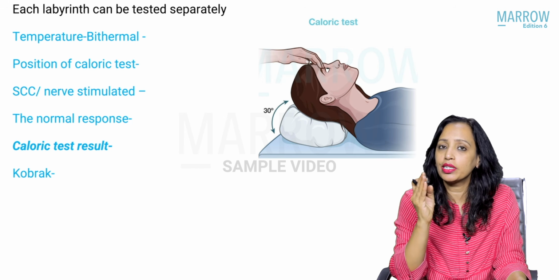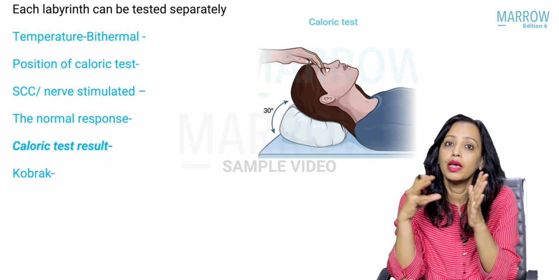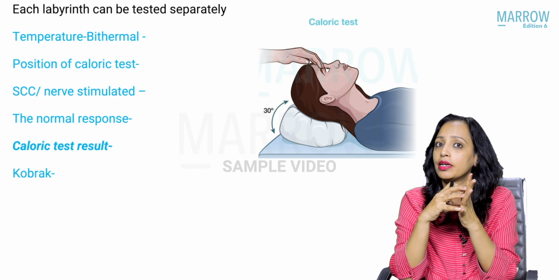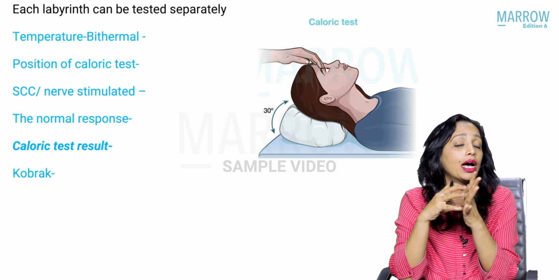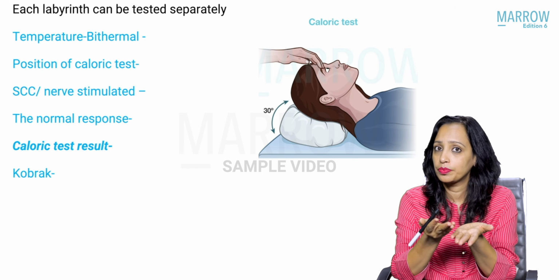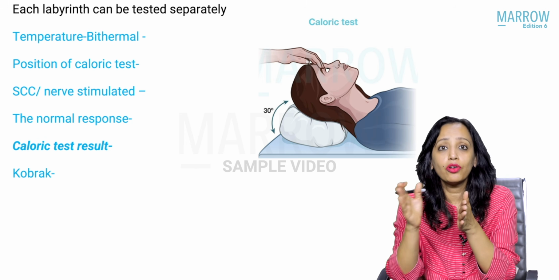So what is this test? In this test, we put different temperatures of water in the external auditory canal. We stimulate the inner ear, and we see whether the inner ear is responding appropriately or not. So if I do the caloric test on me or on you, then if the inner ear is normal, we will get a normal response.